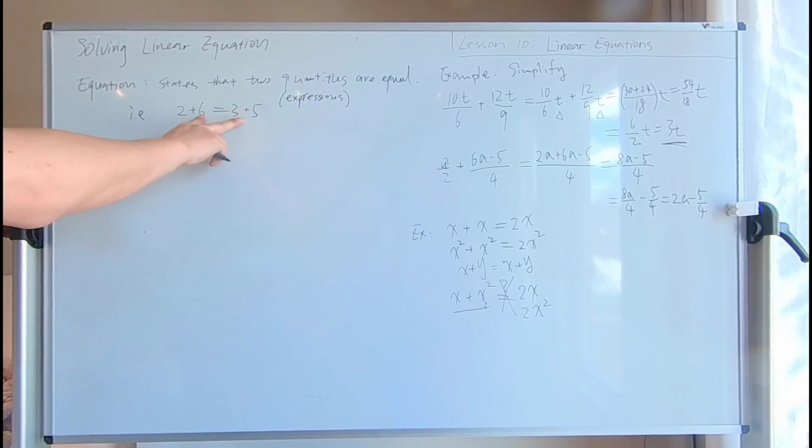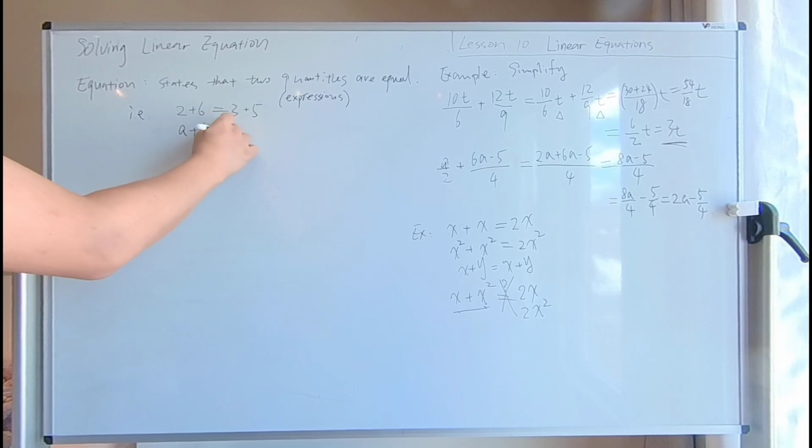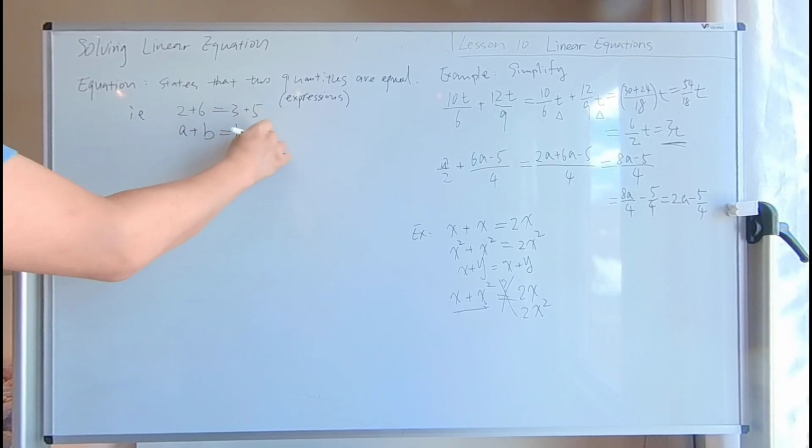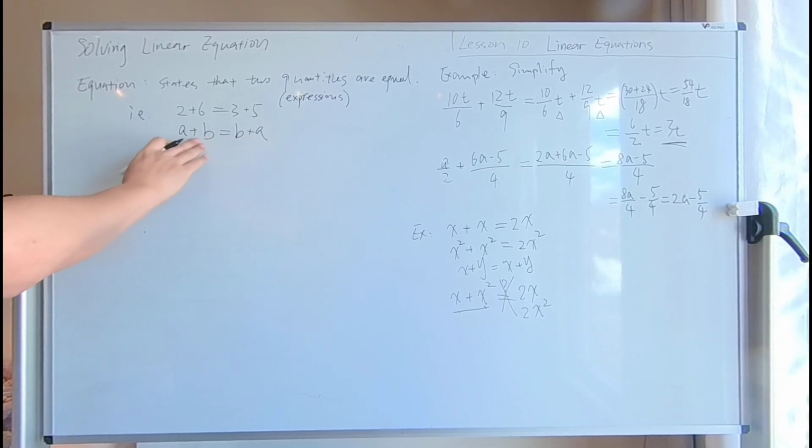Even though there are no unknown variables, these are all constants, this is a kind of equation. Or if I have a plus b equals b plus a, this contains no constants but all variables, and it is also true, so this is also an equation.